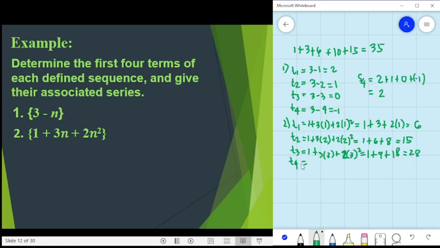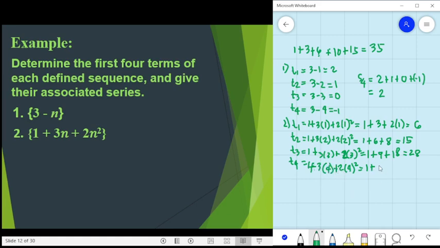For t sub 4, we have to substitute n with 4, so we now have 1 plus 3 times 4 plus 2 times 4 squared.